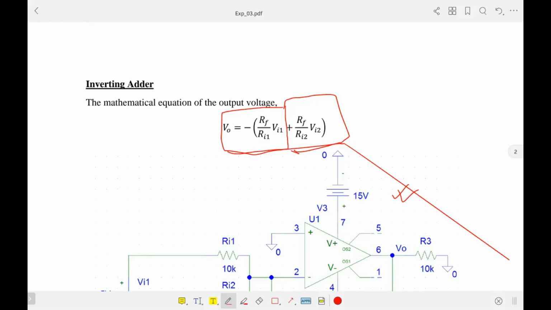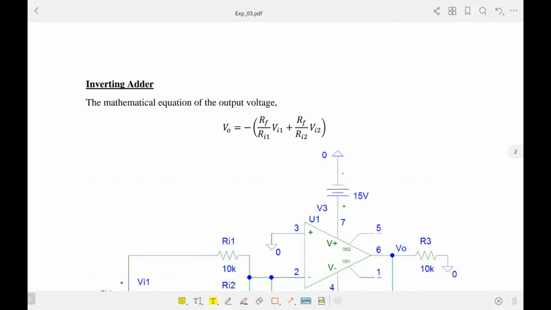So don't worry. In the case of an inverting adder, we generally add multiple voltages. Before adding, they are multiplied by respective gains, and gains are provided by the feedback resistance and their input resistance.